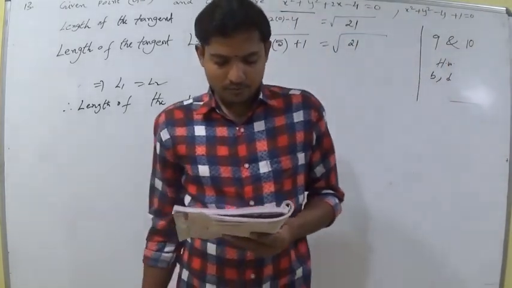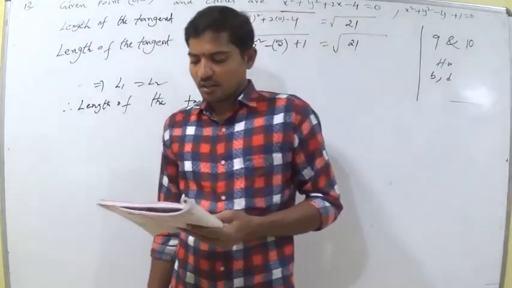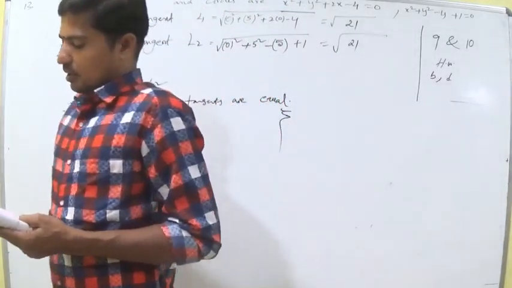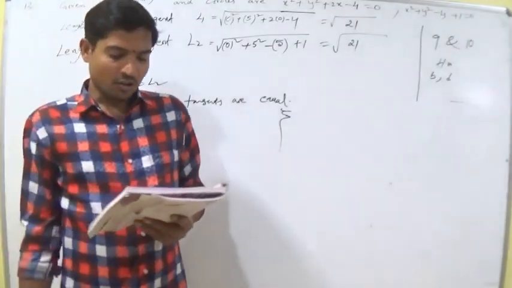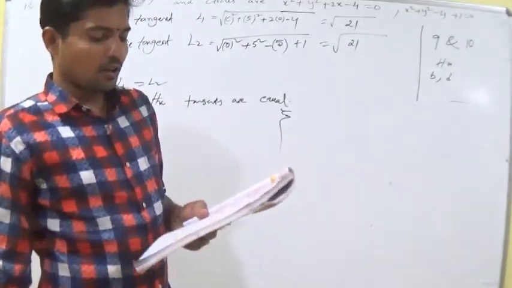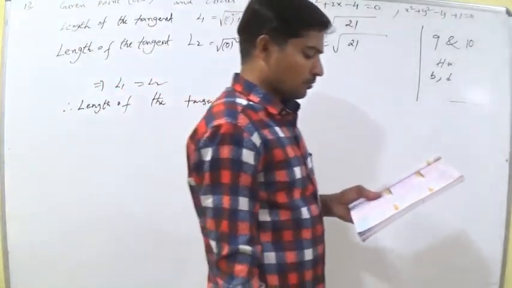14th one, the equation of the normal to the circle at a point is given. Yesterday we did one problem like this.